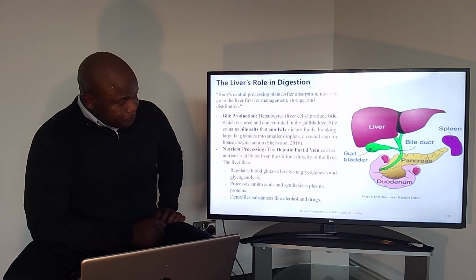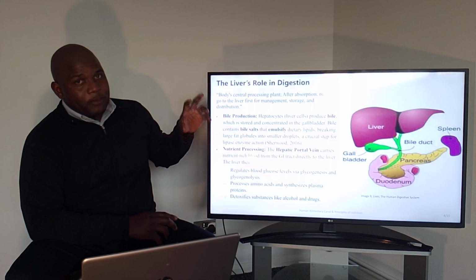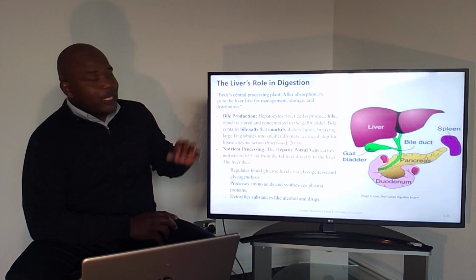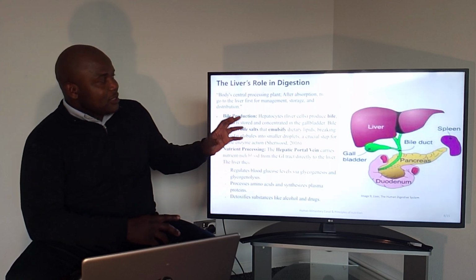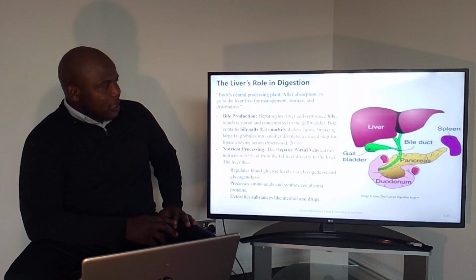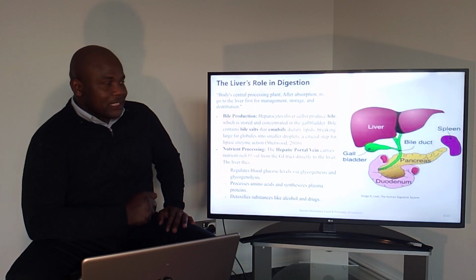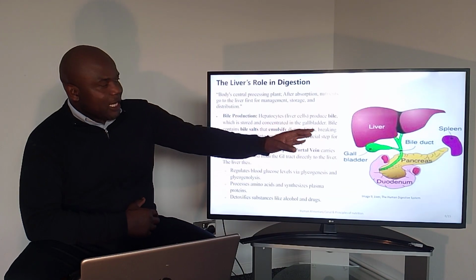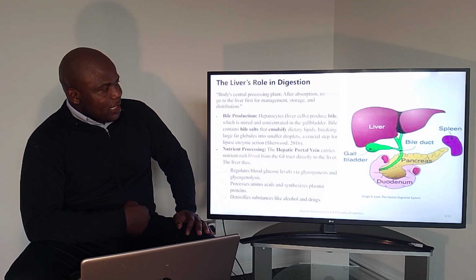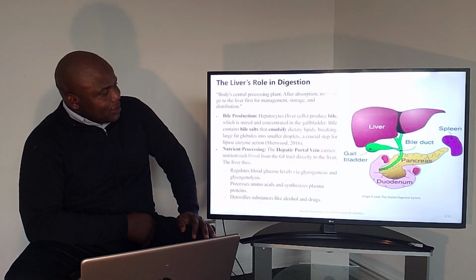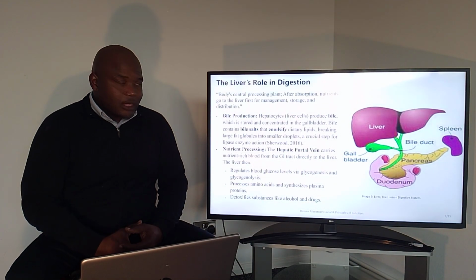Even though the liver is a central processing plant for the whole body with many other activities, as far as digestion is concerned, we have hepatocytes, liver cells that produce bile, which is stored and concentrated in the gallbladder. Once needed, it is passed through the bile duct into the jejunum, and it also links with the pancreatic ducts, helping in the breaking down of nutrients.